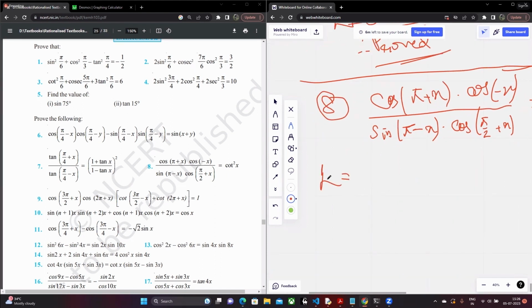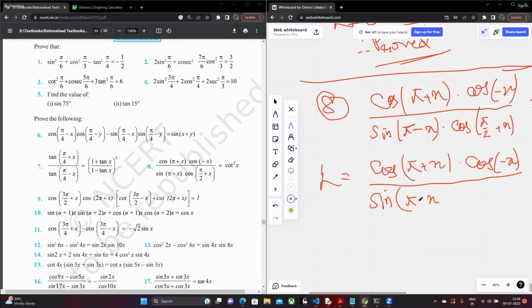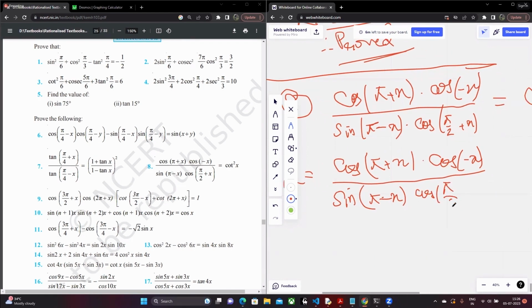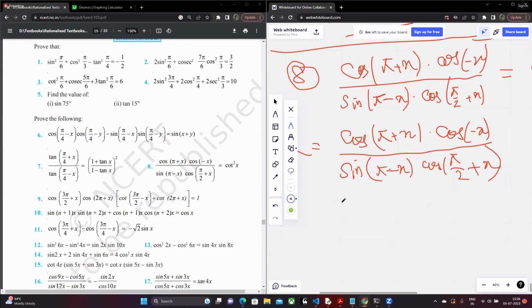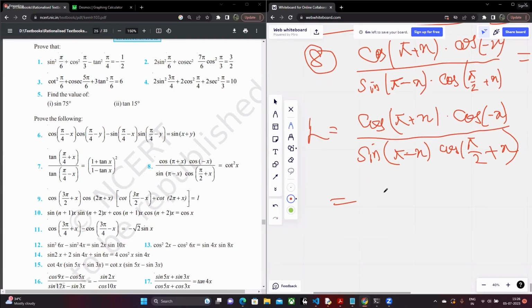So L is going to be equal to cos of pi plus x into cos of minus x divided by sin of pi minus x into cos of pi by 2 plus x. This is equal to minus cos x into cos x divided by sin x into minus sin x.